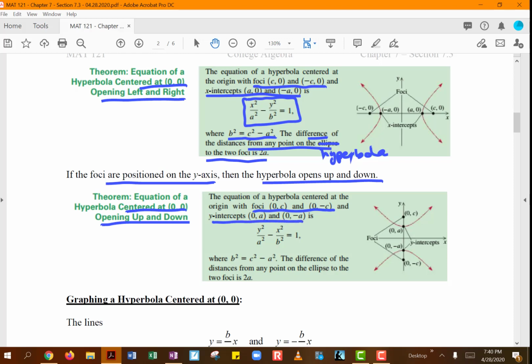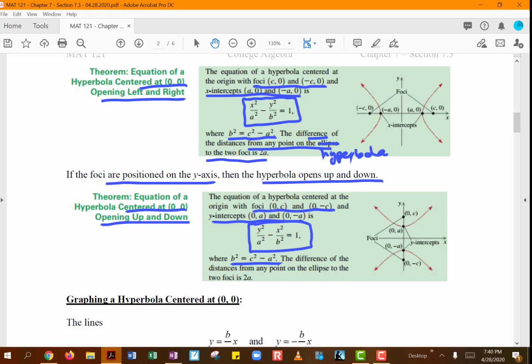Those y-intercepts will be at the points (0, a) and (0, -a). And this equation is going to end up being y squared over a squared minus x squared over b squared equals 1. And again, the relationship between a, b, and c is b squared equals c squared minus a squared.